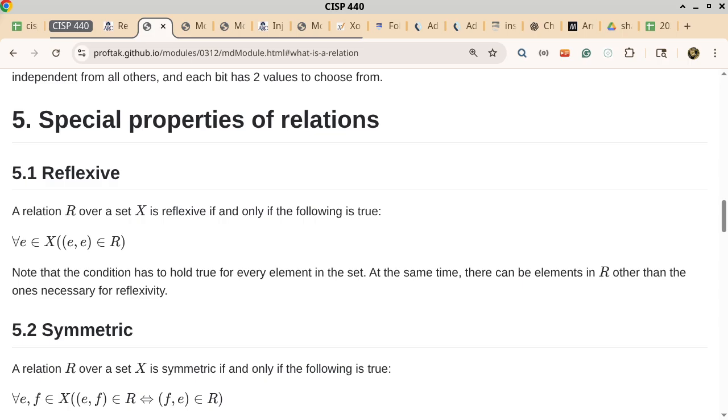If I were to spell it out, what it really is saying is for every element in X, that element has to relate to itself by R. That's the only requirement for a relation to be reflexive. Now we can go through a few examples and see if you think they are reflexive or not.